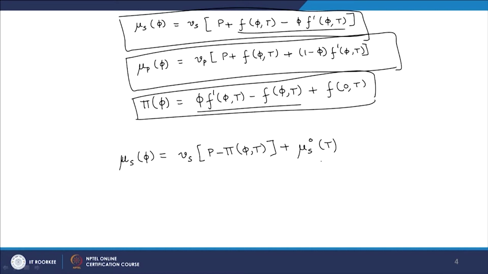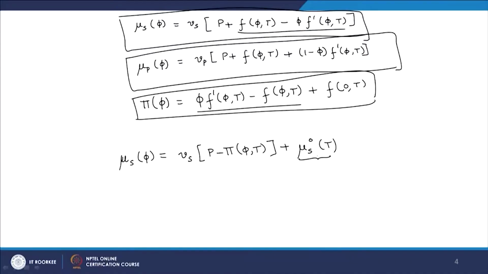So, basically I take up all the values containing f of 0 and all the other constants, which become what is known as the standard chemical potential. It basically comes from the f of 0 term that we had in the osmotic pressure, that of course does not depend on the volume fraction phi.